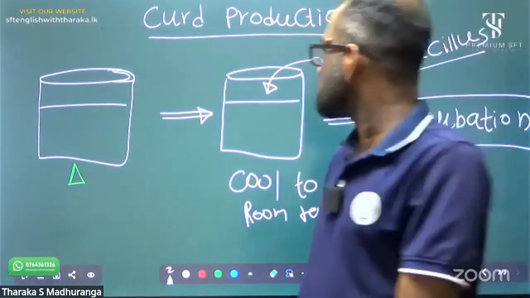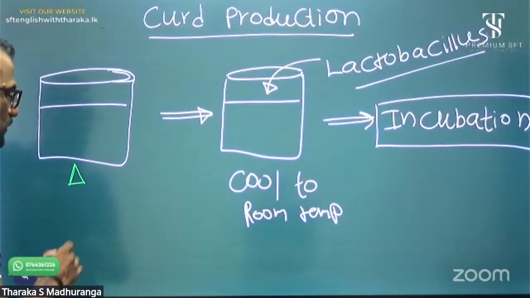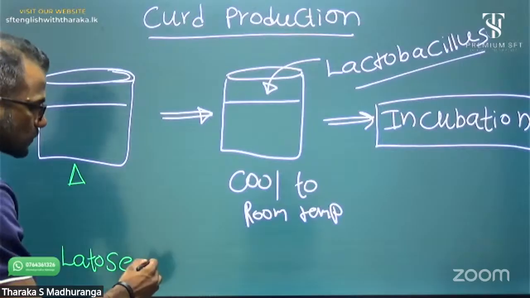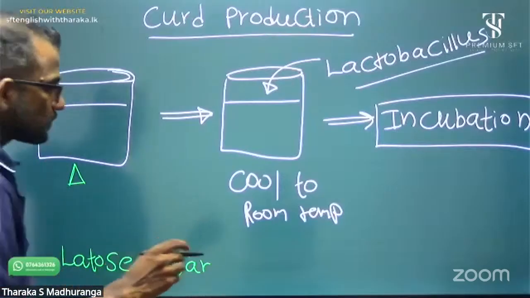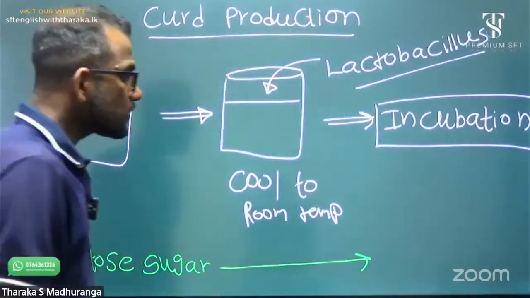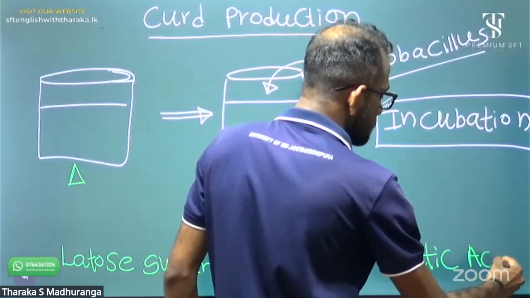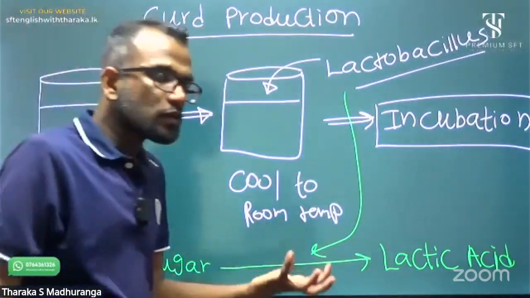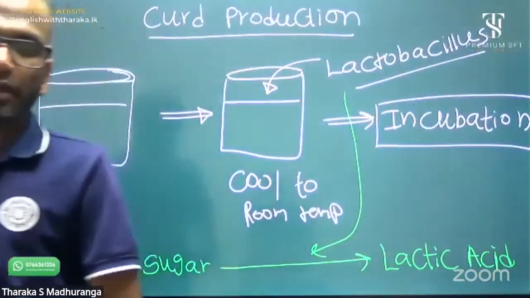Okay, in the incubation process, what happened? It is very important. Lactose is the main carbohydrate, right? The lactose sugar contained in fresh milk is converted into lactic acid by lactobacillus microorganism.